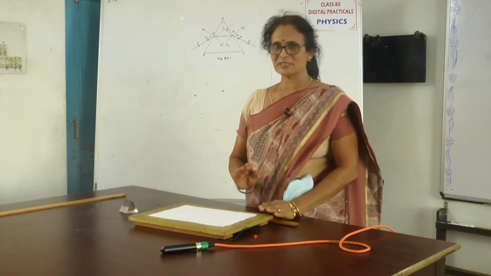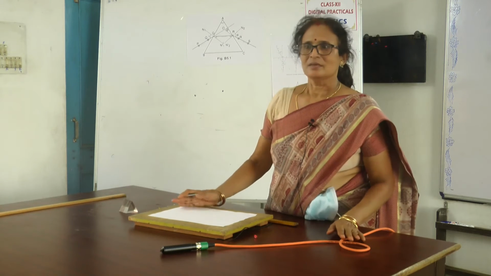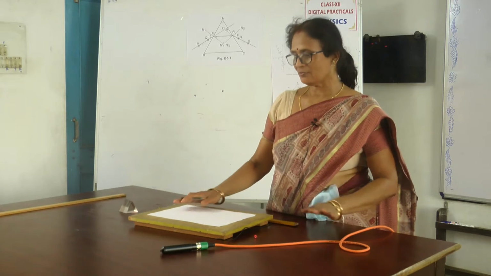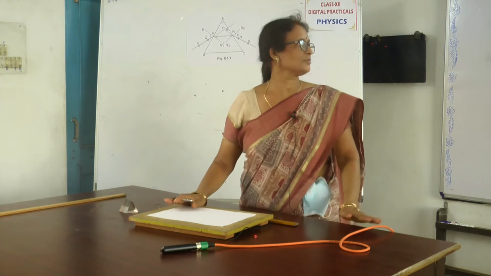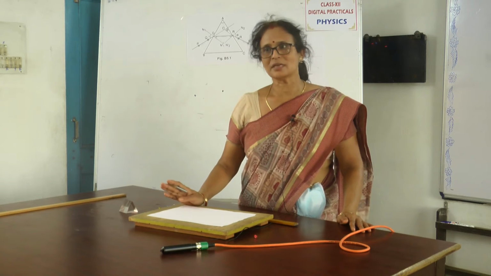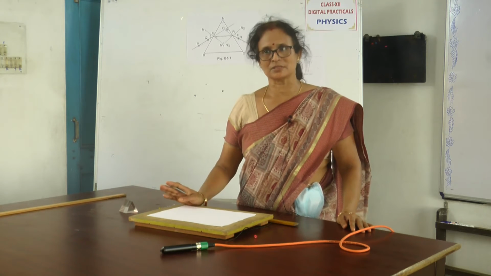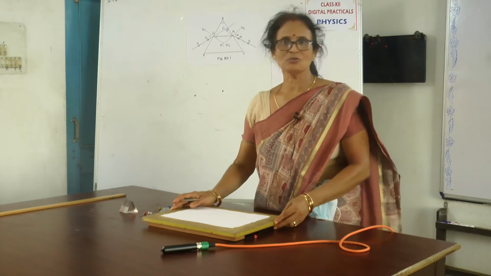As it was explained by sir, you have to find the angle of deviation for different angles of incidence, then you will plot the graph and find the angle of minimum deviation. Just I am going to explain how to do it.